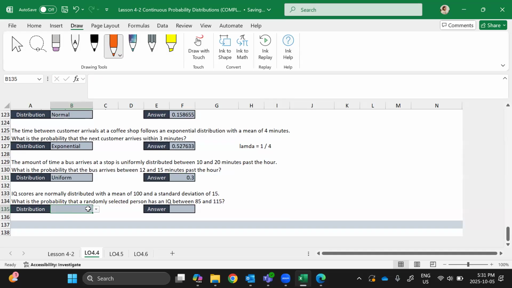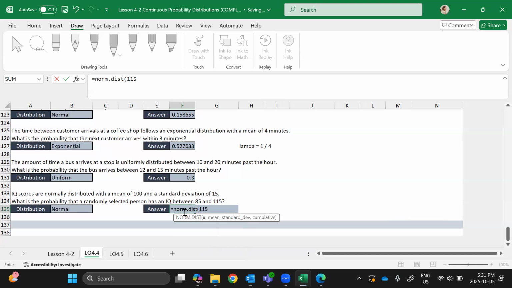And finally, I threw in another normal distribution question just because the normal distribution is the most important one in the course. For this one, we have IQ scores that have a mean of 100 and a standard deviation of 15. We want the probability a person scores between 85 and 115. For that, any kind of between question, you'll have to do it twice.